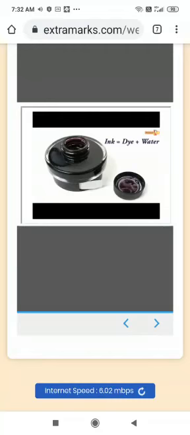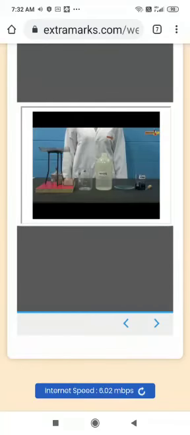It is a mixture of dye in water, where dye is the colored component of the ink. We can separate the dye from the ink by the process of evaporation. So, let us perform an activity to understand how the process of evaporation takes place.